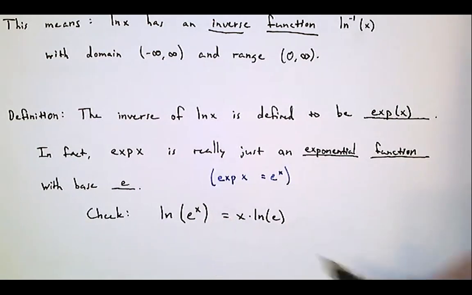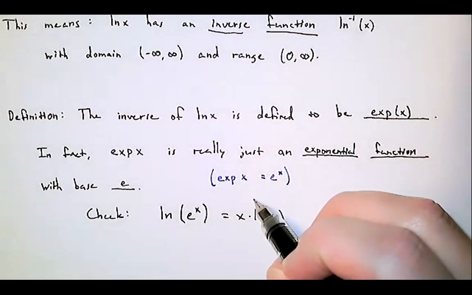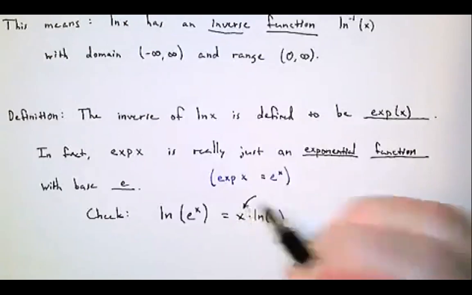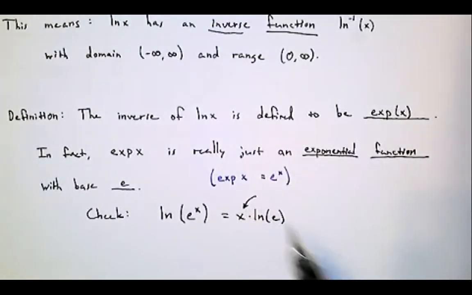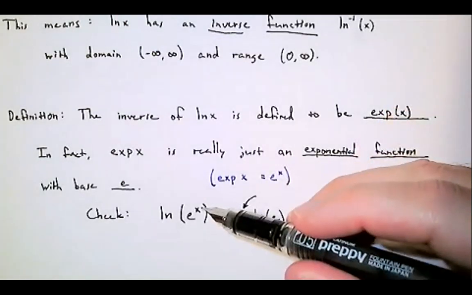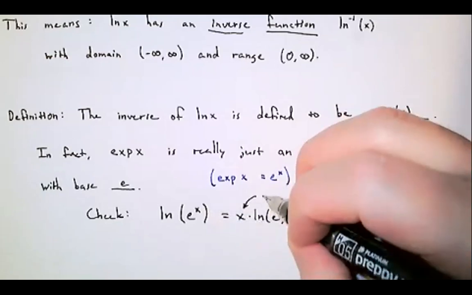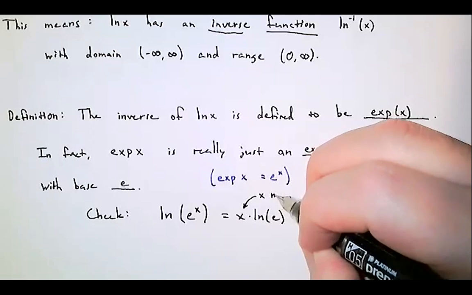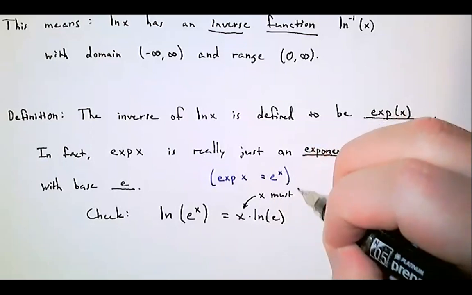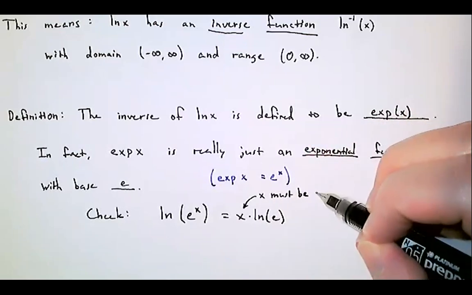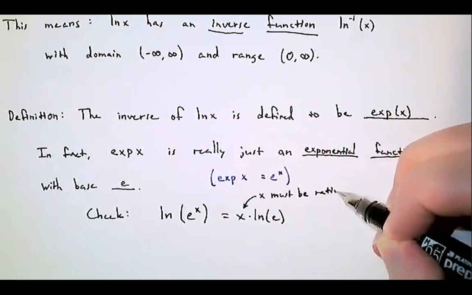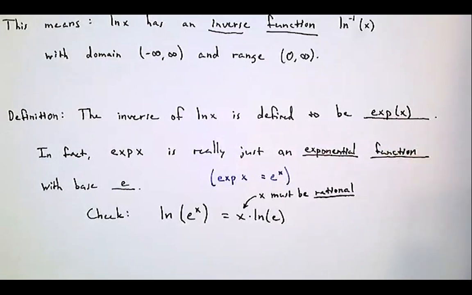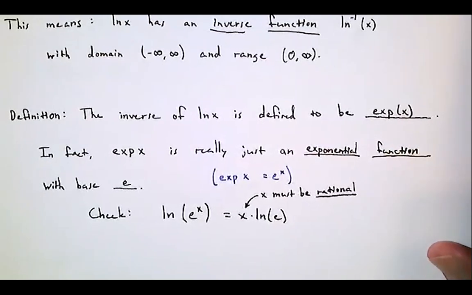If you think back to last time or Friday, I can't remember which day we actually talked about this, but this exponent needs to be rational. So it must be a fraction or a whole number or something like that. So there's this one little bit of a problem with our exponential function.